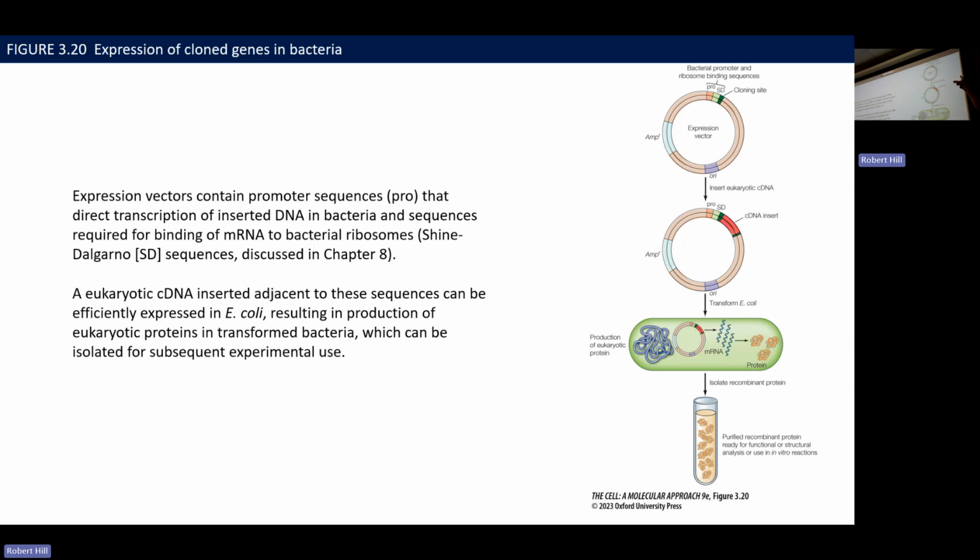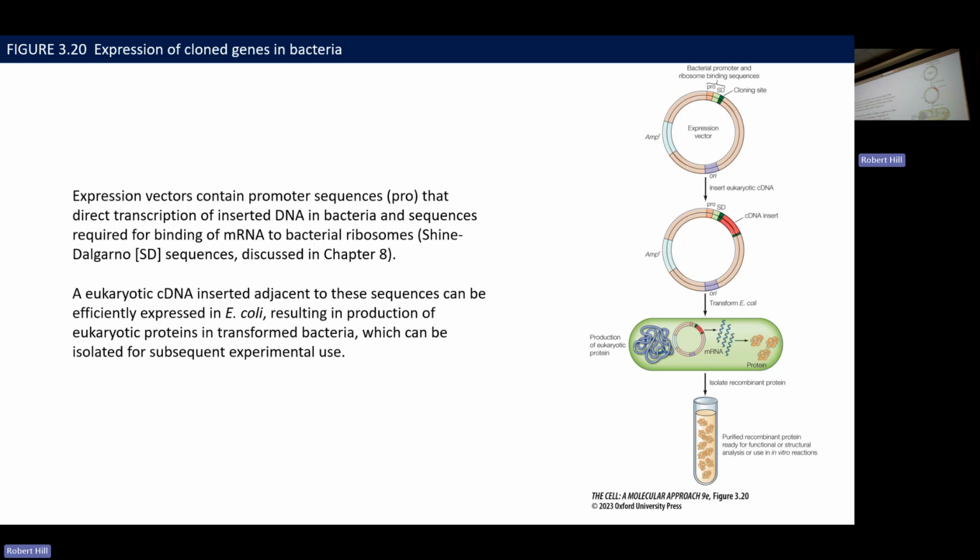All right, so here's our typical expression vector for prokaryotic systems, right? It's got a Shine-Dalgarno sequence, which is necessary for ribosomal binding of the mRNA. It's got an origin of replication. It's got a resistance cassette so that when we culture this in the presence of ampicillin, only cells that have taken up the plasmid, that have been transformed, survive.